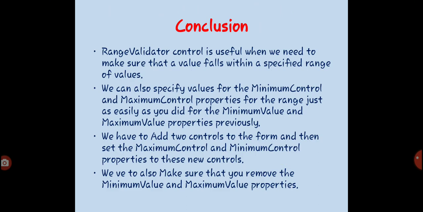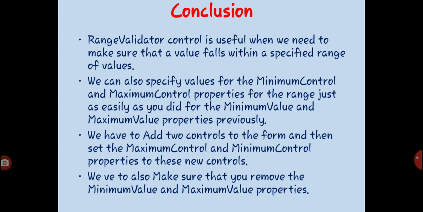And as I already said when we discussed the properties, instead of giving the minimum value and maximum value, we can also give the values on a control, and we can specify the controls as minimum control and maximum control. So when we are adding the control, see the third point, we set the maximum control and minimum control, and at last if we have set the controls, we have to omit or remove the minimum value and maximum value.